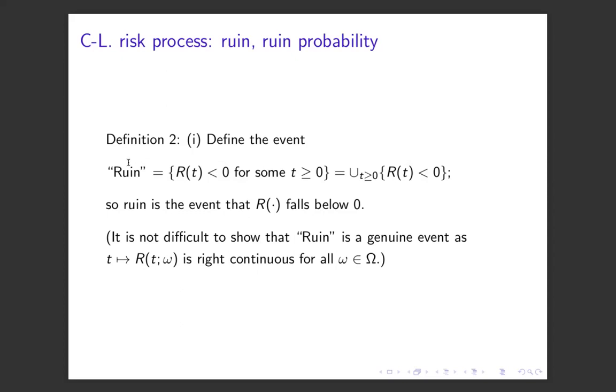So this ruin is a genuine event. The object we have defined is an element of the sigma algebra A in (Omega, A, P). So it makes sense to talk about the probability of this event.